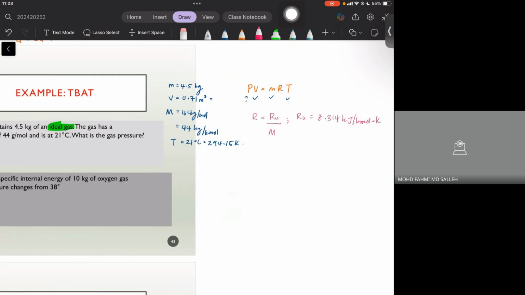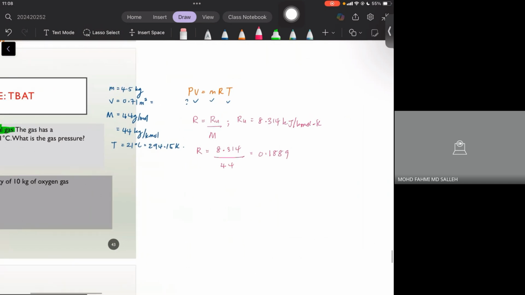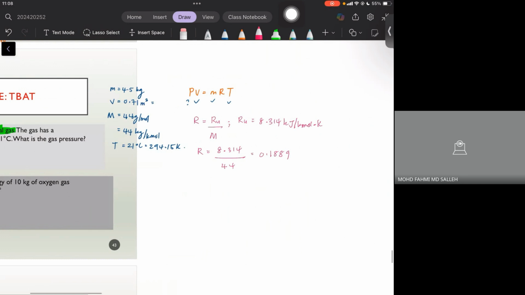So from here, we can get the value for the specific gas constant R equal to 8.314 divided by 44, and we're going to get 0.1889 kilojoule over kilogram Kelvin.